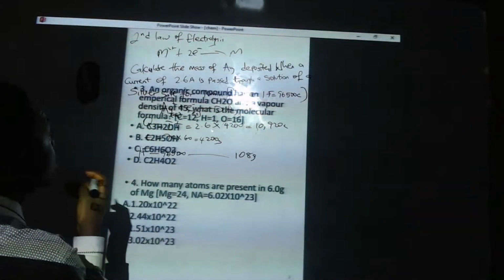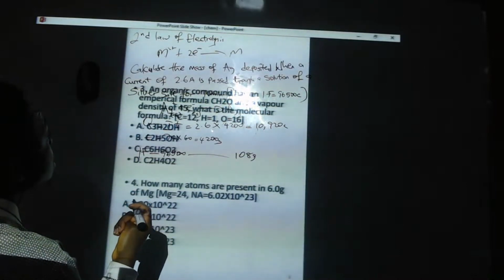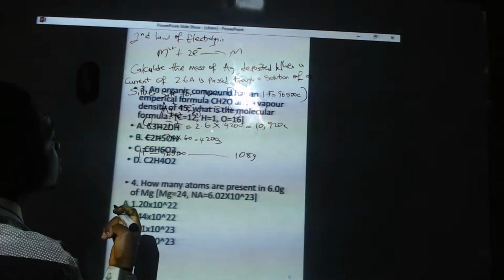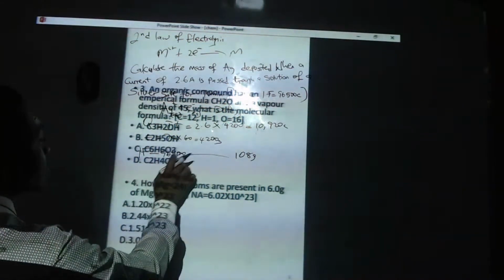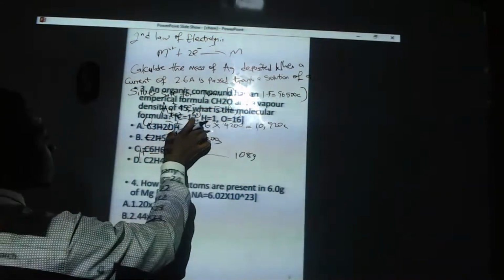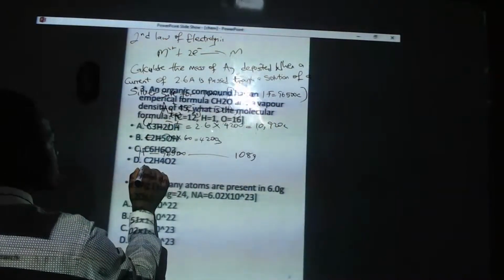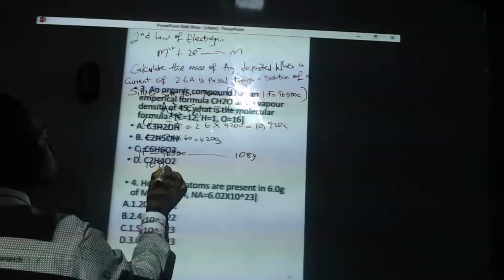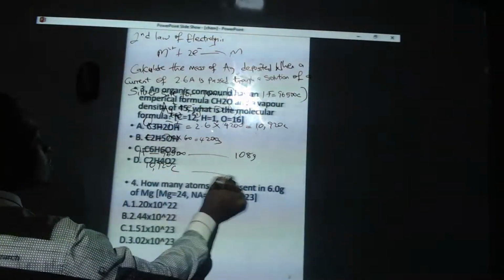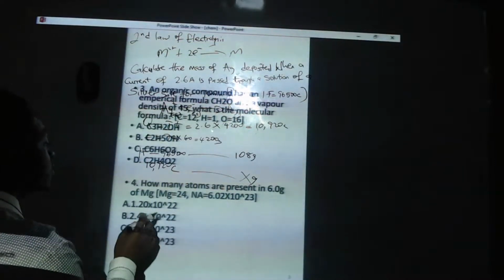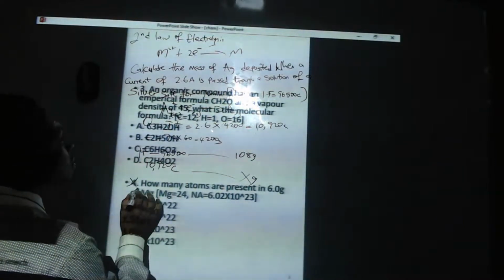You've solved for the quantity of electricity, which is 10,920 coulombs, and we are looking for the grams here. So it's very easy.